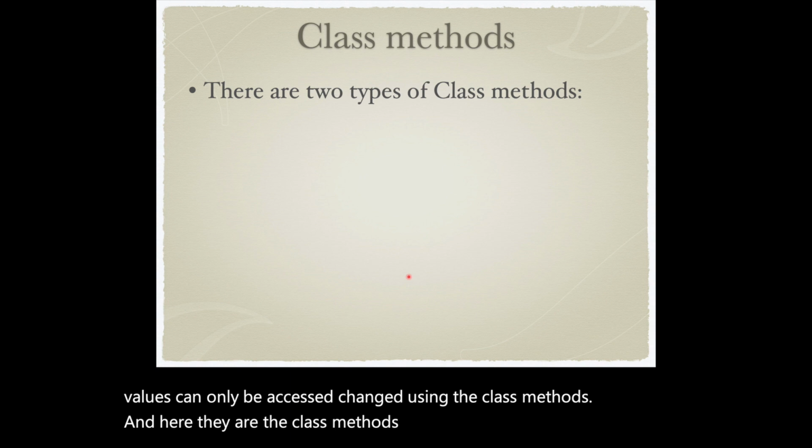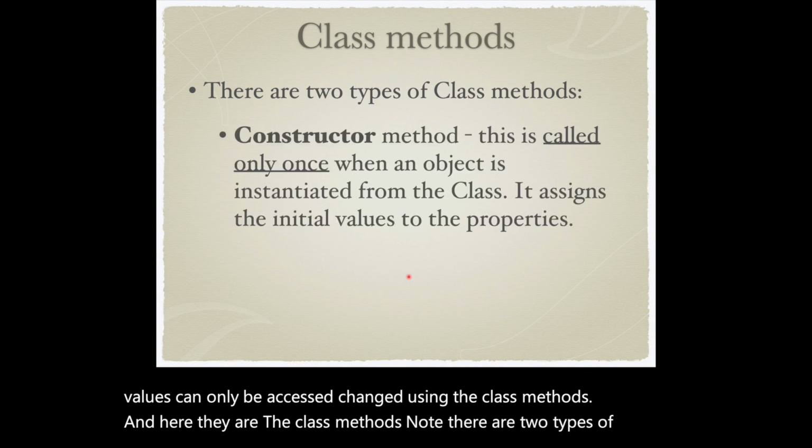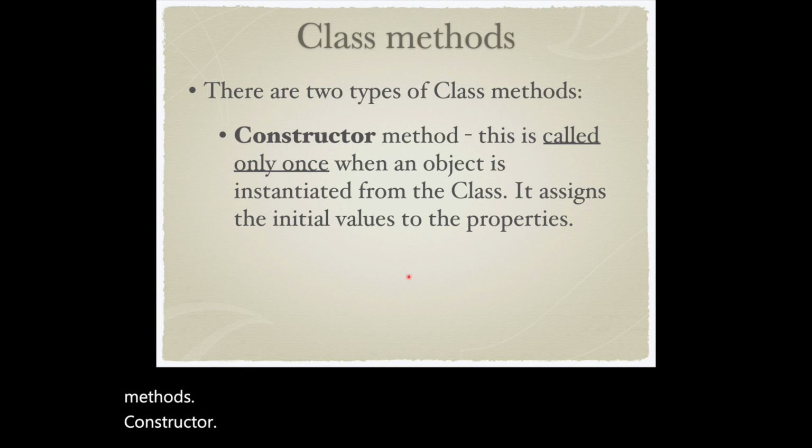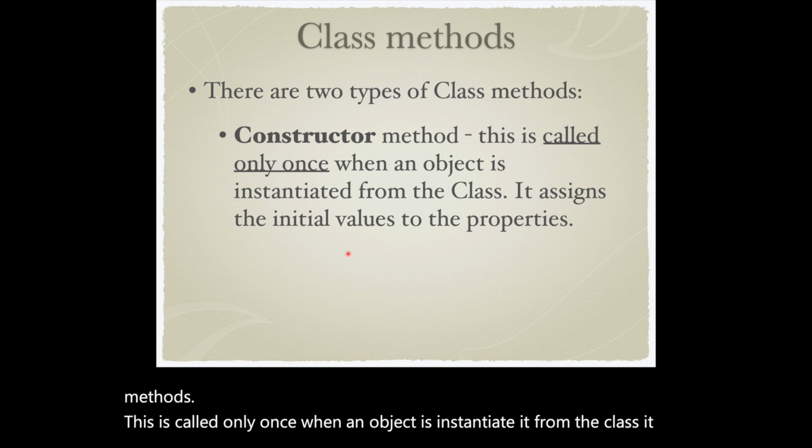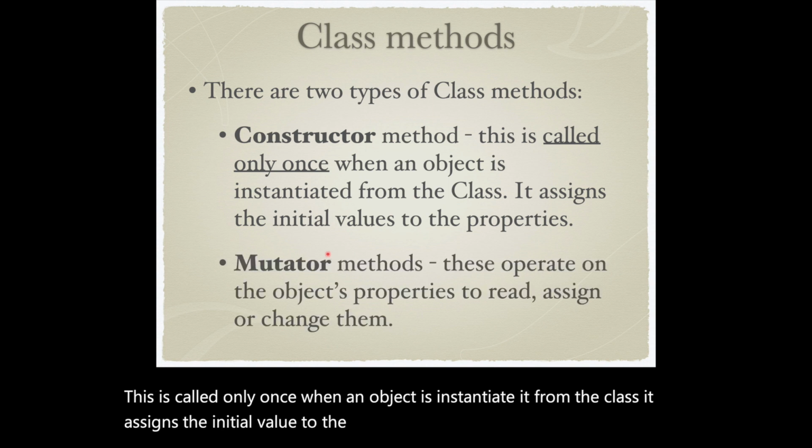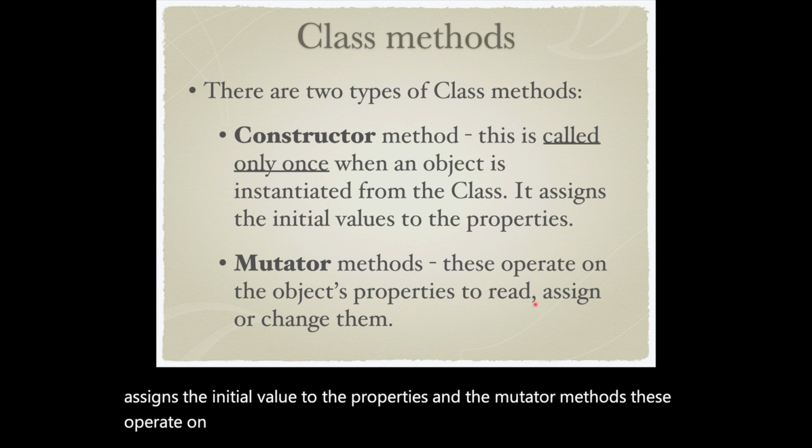There are 2 types of class methods. The constructor is called only once, when an object is instantiated from the class. It assigns the initial value to the properties. And the mutator methods operate on the object's properties to read, assign, or change them.